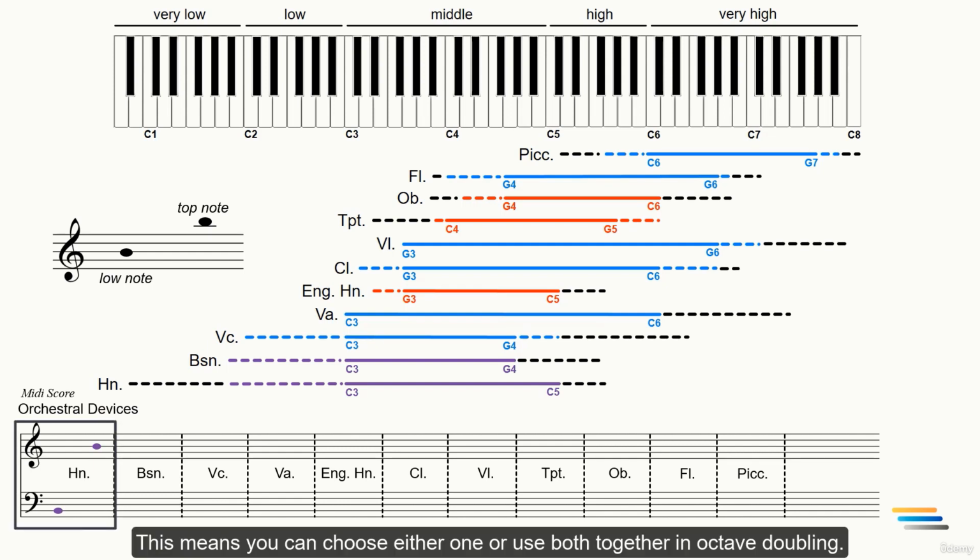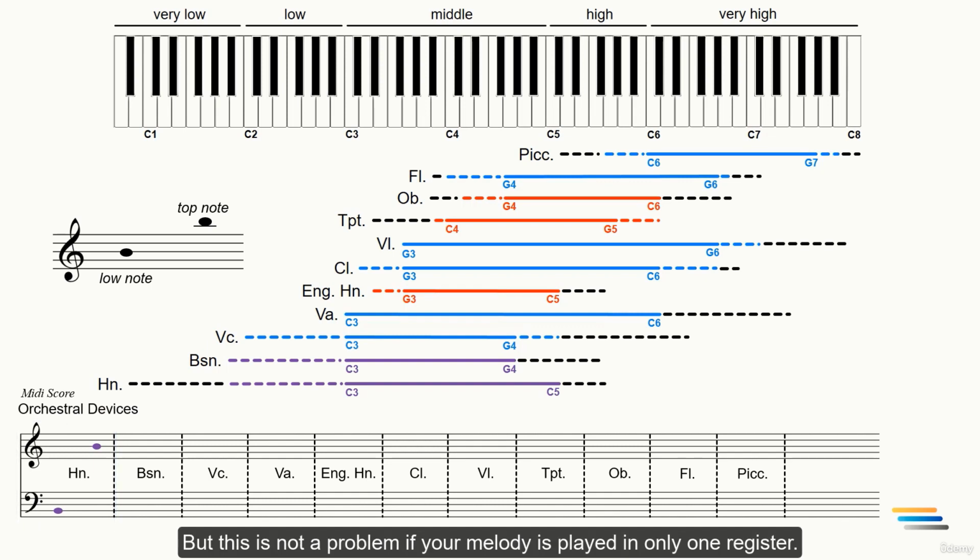This means you can choose either one or use both together in octave doubling. But this is not a problem if your melody is played in only one register.